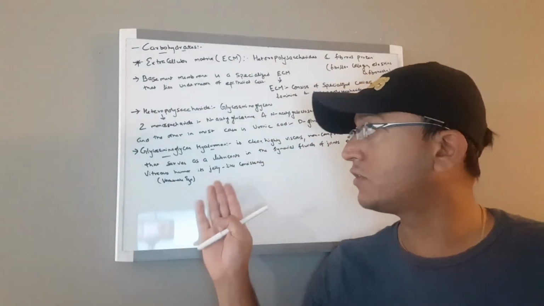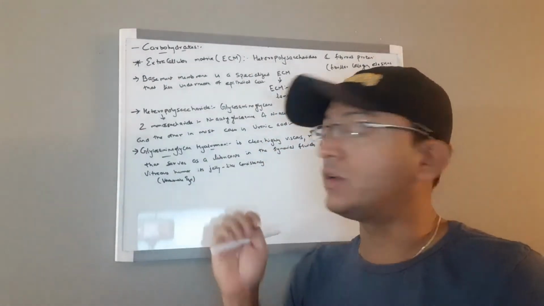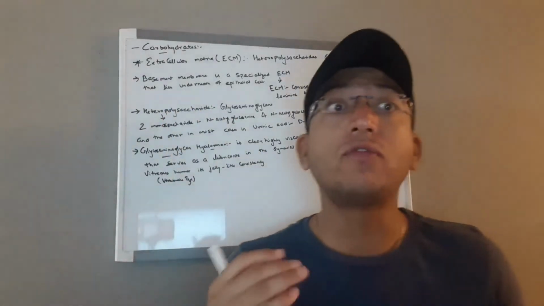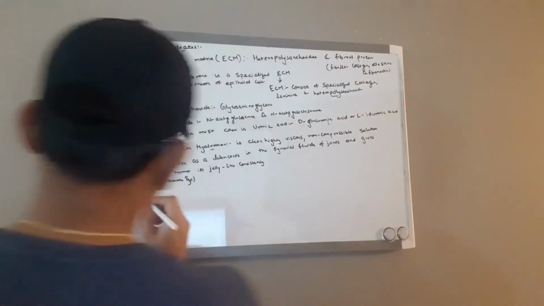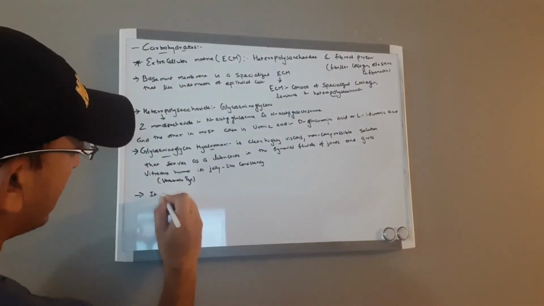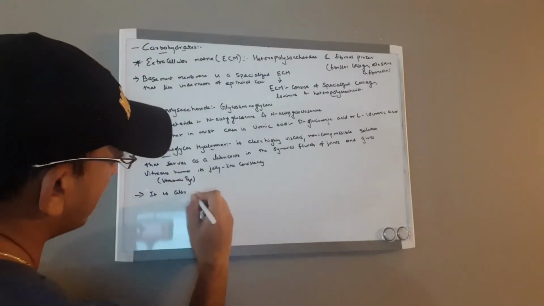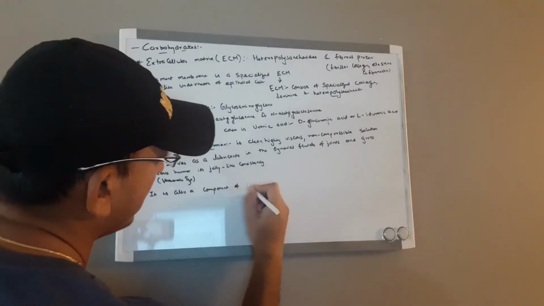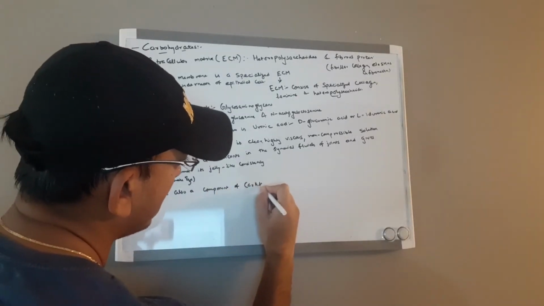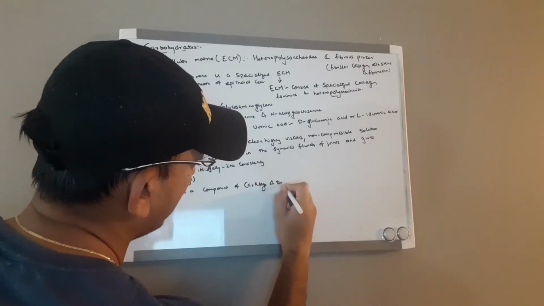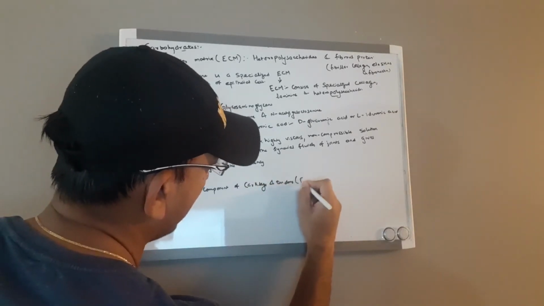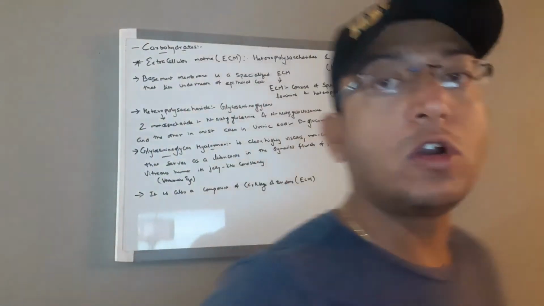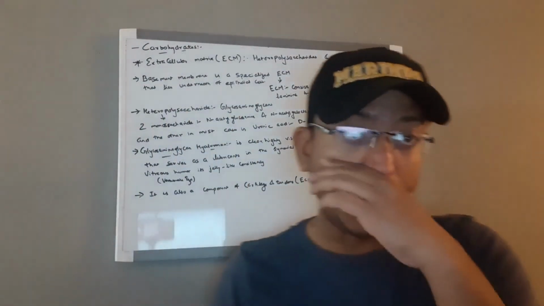There is another function for this hyaluronan: it is also a component of the extracellular matrix of cartilage and tendons as well. That is the ECM, right? I'm not writing in full, but it's a component of extracellular matrix in the cartilage and tendons.